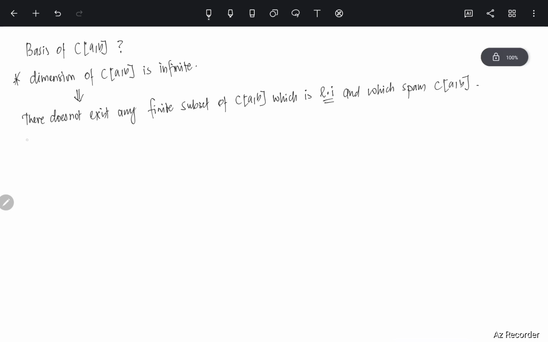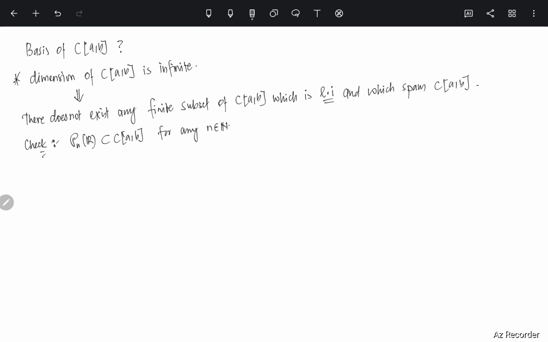Please, you have to do this part yourself. So you check this. Can you give me a subset of C[a,b]? First of all, you can think of P_n(R) as a subset of C[a,b] for any n in N. It doesn't really matter if it's the first order polynomial, second order polynomial, nth order polynomial, whatever it is, they are all continuous functions.